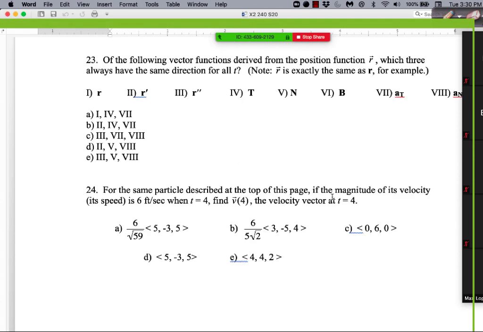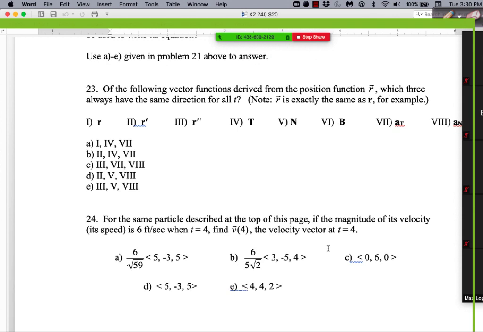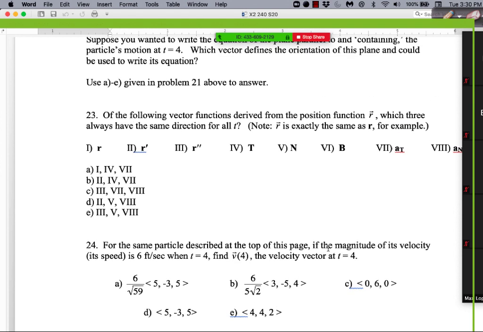Last question on this page. That question was to help you with this one, to get you in that mindset. If we want the velocity vector, it's going to have this direction. Velocity is in the direction of motion, right? Since these all have the same direction, we can use this for the direction of the velocity.